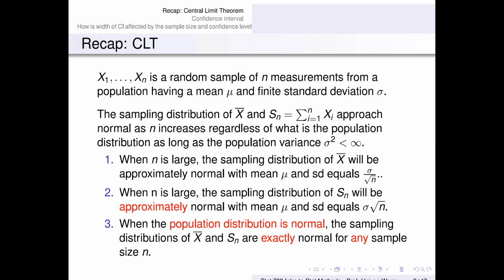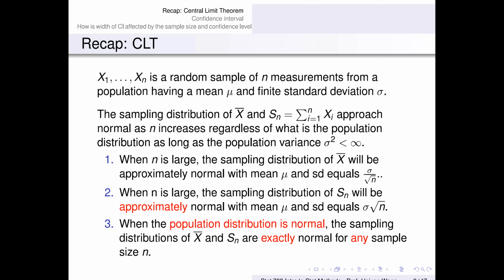In terms of the total, the summation Sn, if the sample size is large, this Sn is also approximately normally distributed, and its center is n times the mean of one variable, so it's n mu. And standard deviation is simply the square root of n times sigma. That's for the large sample size.